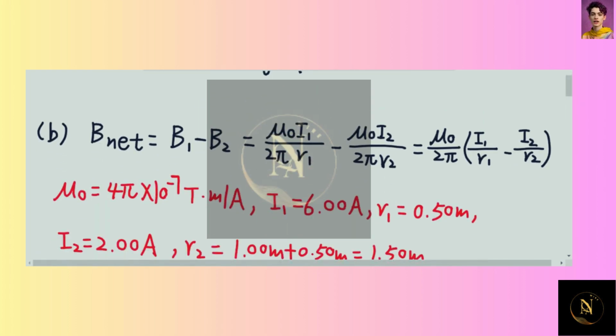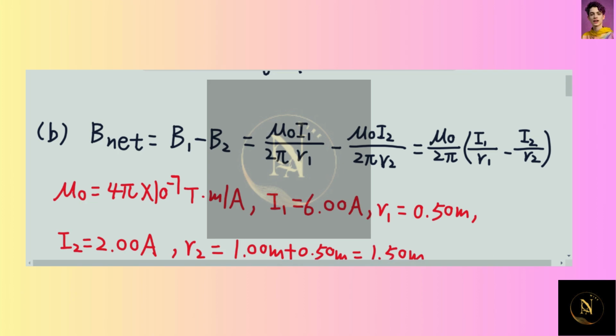And the next question is asking us for the net magnetic field at point Q, which is equal to B1 minus B2. So we have mu0 I1 over 2 pi R1 minus mu0 I2 over 2 pi R2. So eventually we have mu0 over 2 pi times I1 over R1 minus I2 over R2. mu0 is the permeability of free space, which is 4 pi times 10 to the power of -7 Tesla meter per ampere.